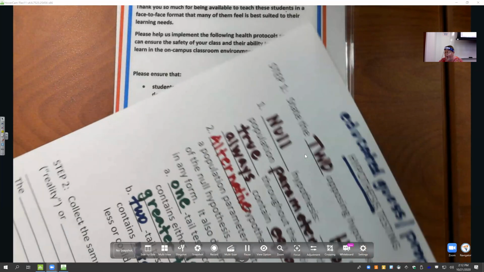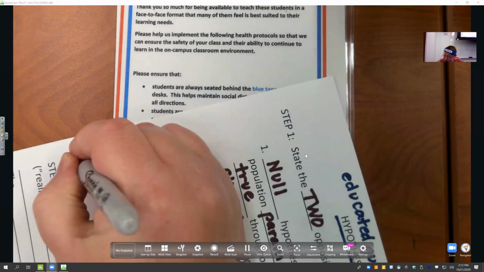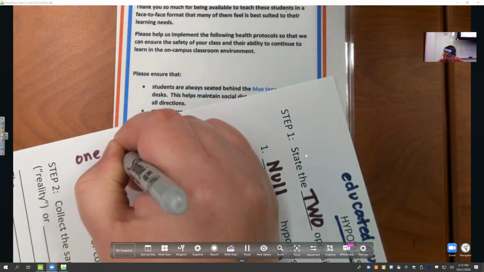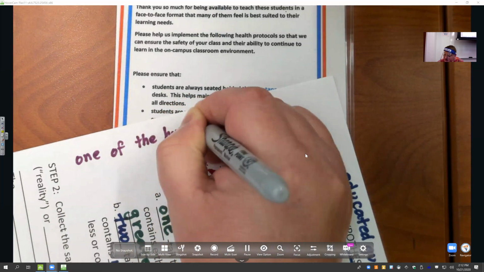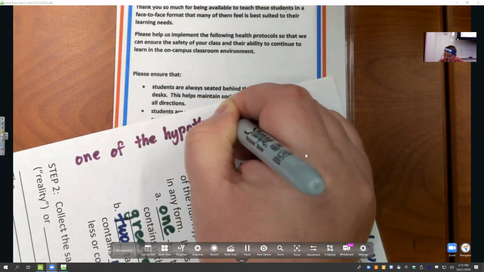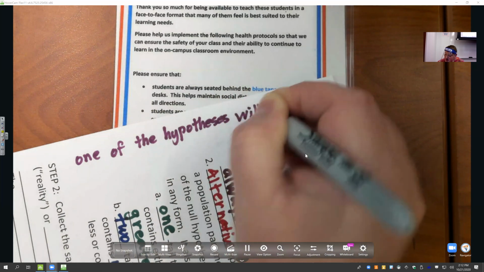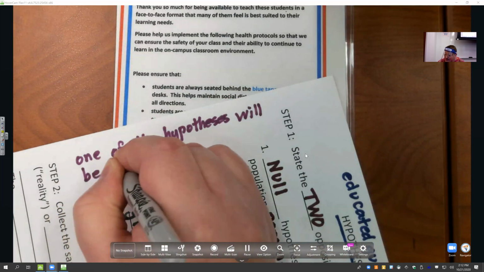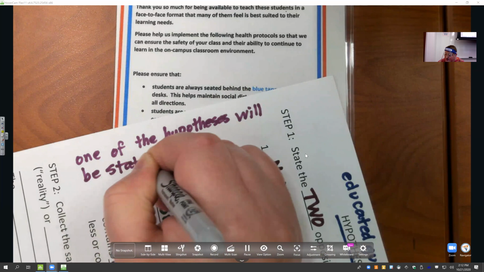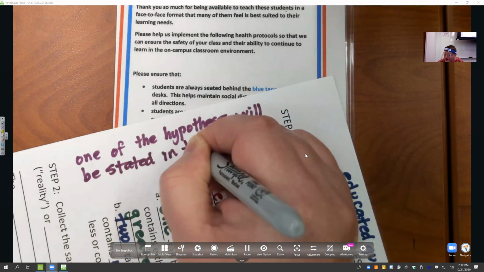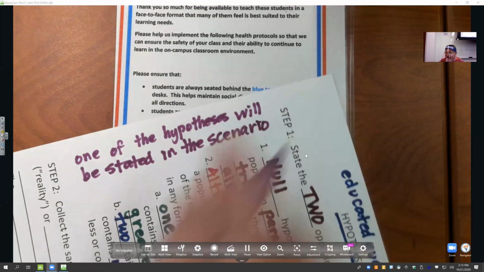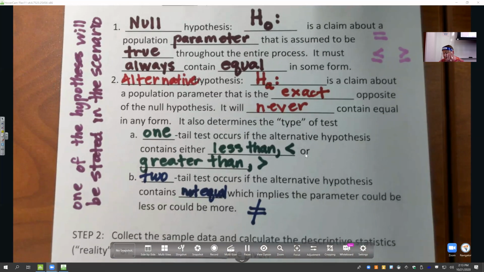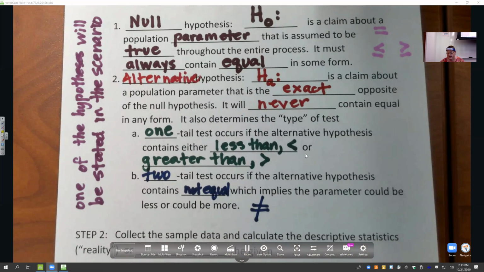Now, one of the hypotheses will be stated in the scenario. For our purposes, one of those will be stated in the scenario.